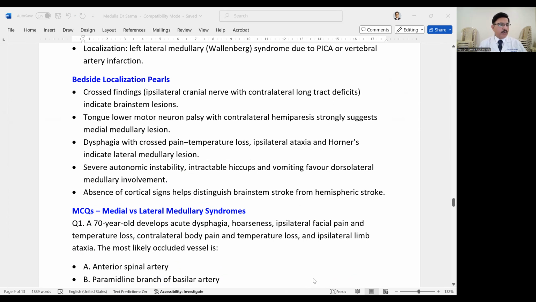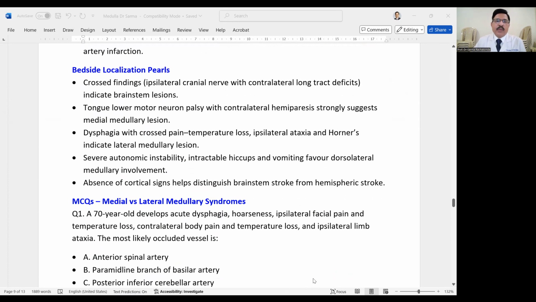Now go to the bedside localization pearls I am giving. If you have a crossed finding, that is ipsilateral cranial nerve and contralateral long tract deficits, it indicates a brainstem lesion. Crossed hemiplegia means cranial nerve involvement on one side with contralateral long tract signs.